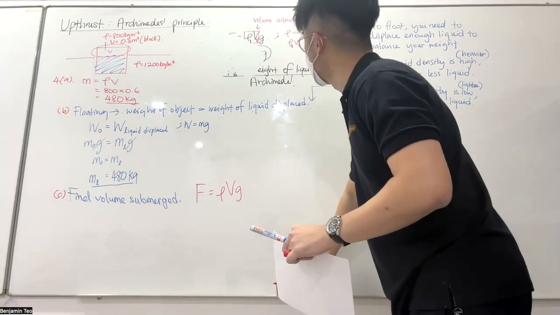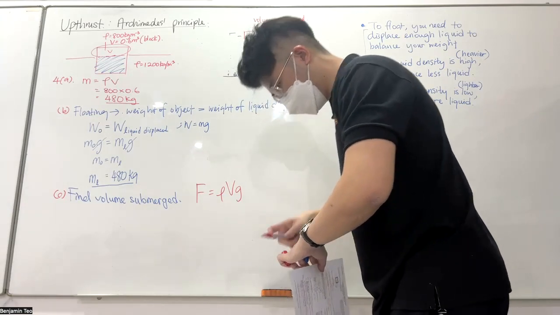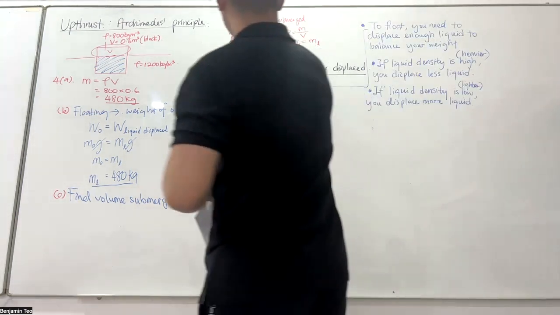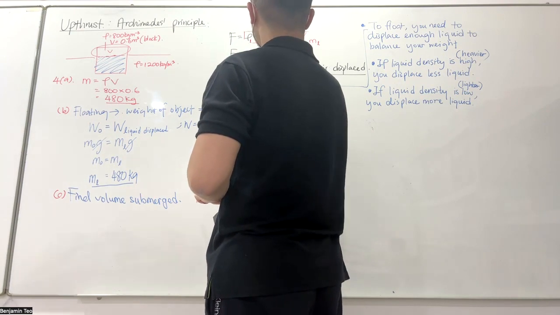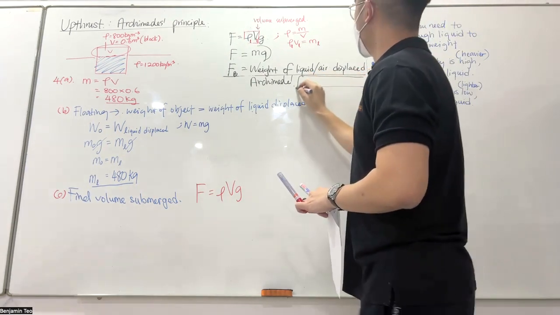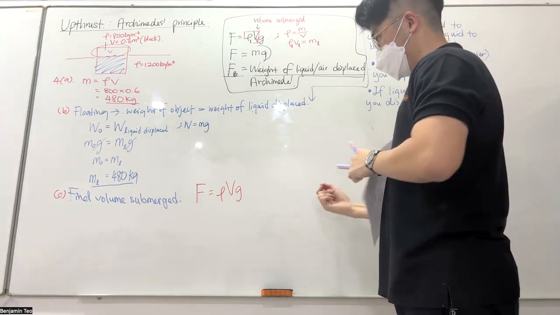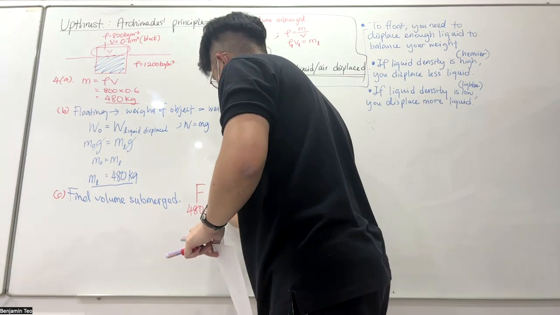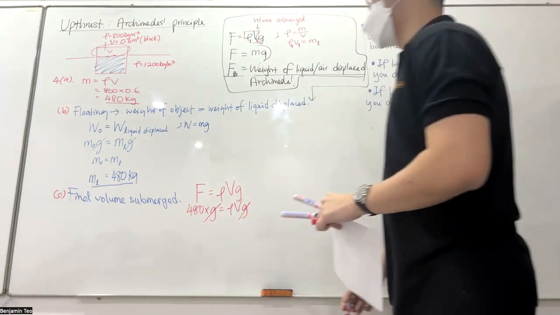Right, so report back. I just now wrote it on this one. Buoyant force equals mg, the weight of liquid or air being displaced. Because of this, g rho V, this one I can cross out.